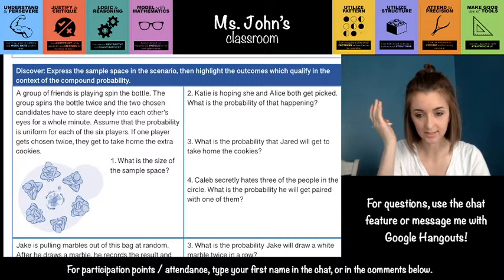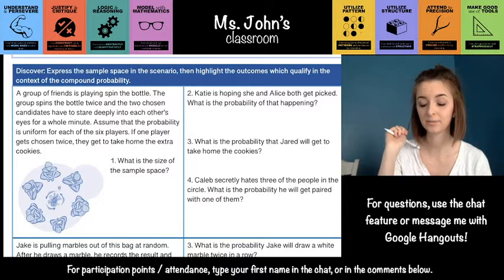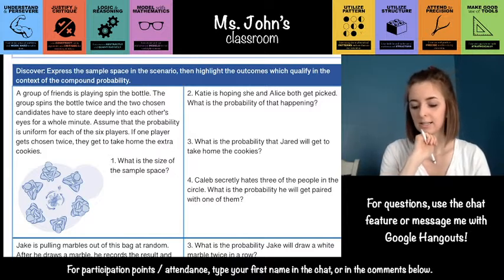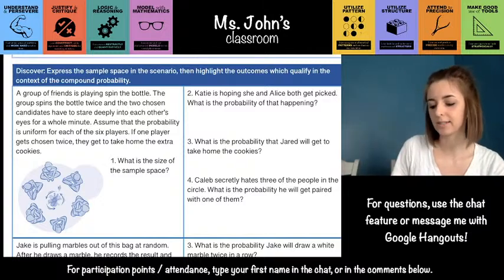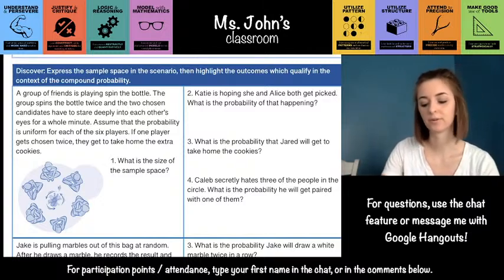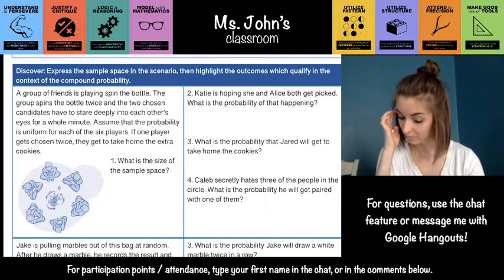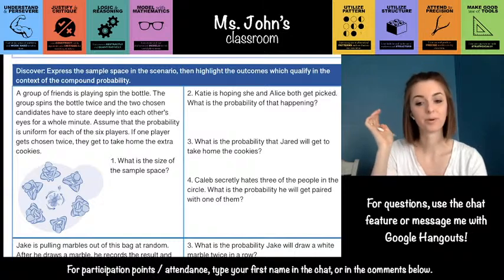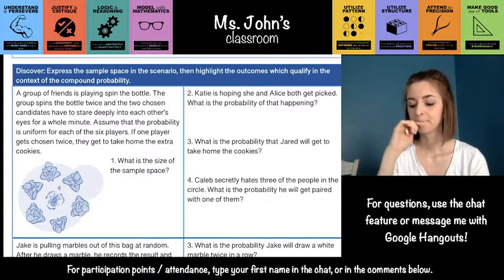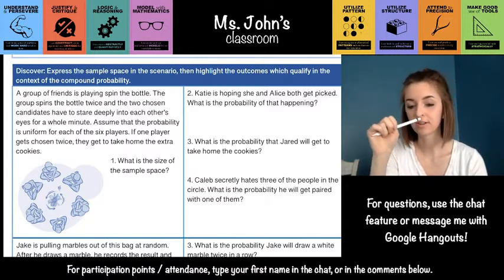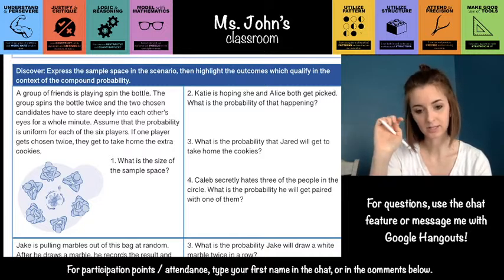So the idea is that this is random, right? The bottle is choosing somebody at random from these 6 friends. And first we're going to figure out the size of the sample space. The sample space meaning what is the total number of outcomes that could happen, right? So we're going to use the fundamental counting principle. The first time the bottle chooses, there's 6 options.